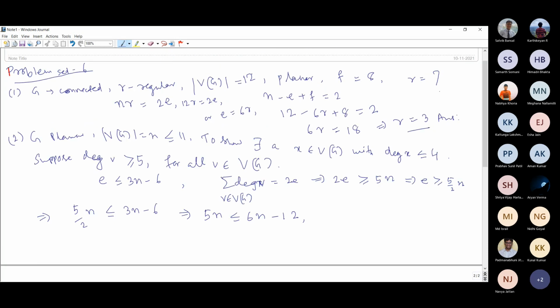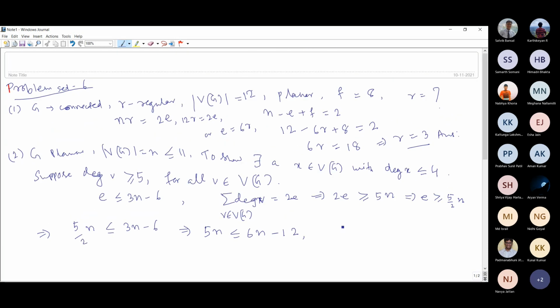Whether this inequality we have got is true for n less than or equal to 11. The question is whether this inequality will hold true for n less than or equal to 11. What is your answer?